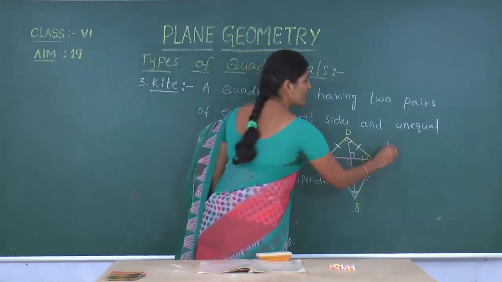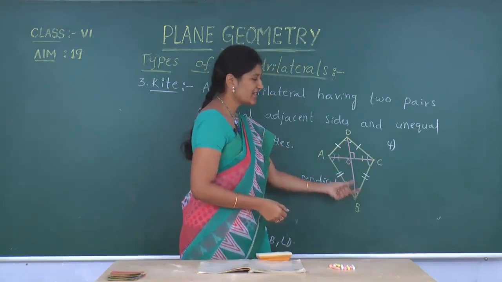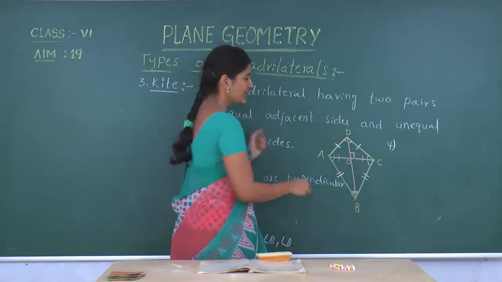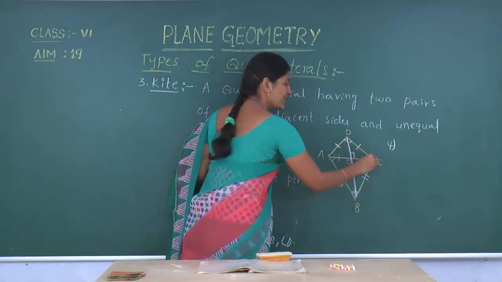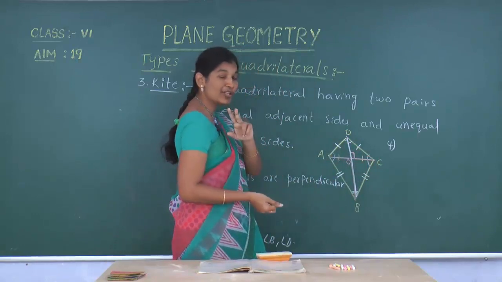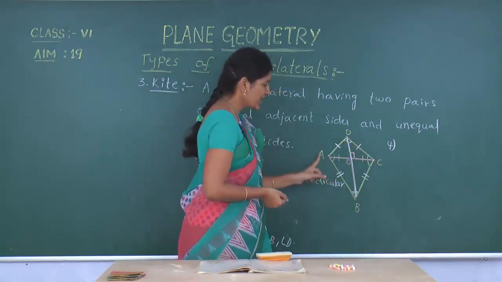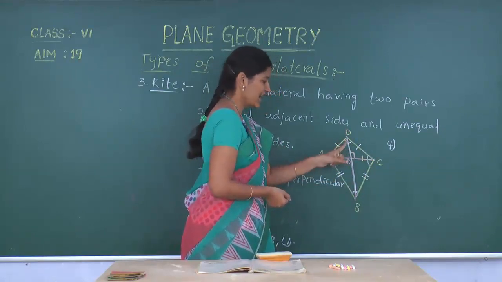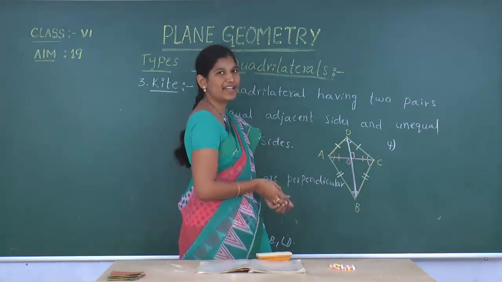And the last property is BD divides this kite into two congruent triangles. If you see, the diagonal BD divides the kite into two triangles which are congruent to each other. They are ABD and BCD, congruent triangles.